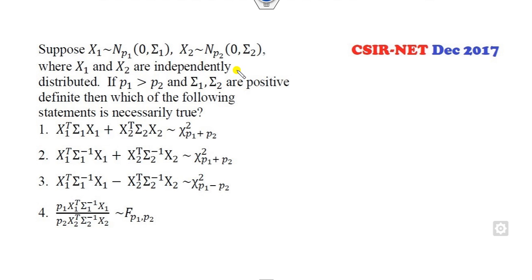Okay, look at this one. X1 follows a normal distribution, X2 follows a normal distribution, with P1 greater than P2, and the covariance matrices are positive definite. First of all, if this follows the normal distribution with mean 0, and your target is this. Since the mean is 0, I can write this number as sigma 1 inverse x1 minus 0.